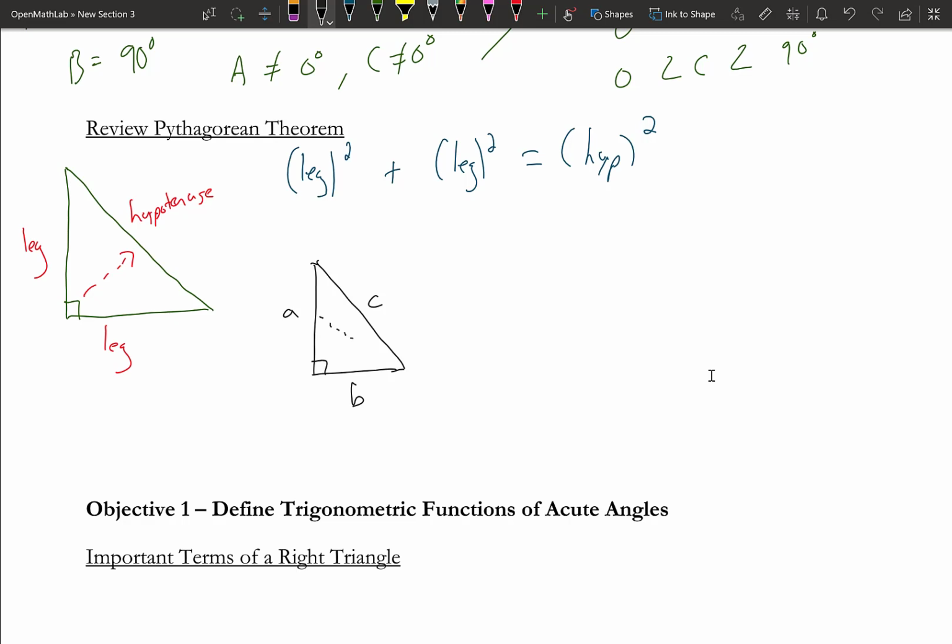This a is right across from this angle, so that would be capital A, so they go together. Since c is right across from this angle, this would be capital C. And this little b is right across from this angle, so this would be capital B. Let me just get rid of those.